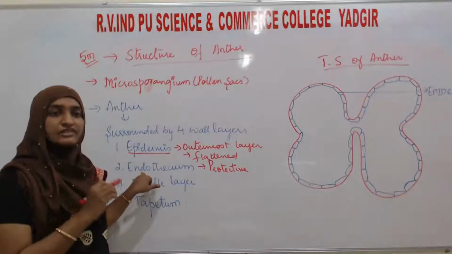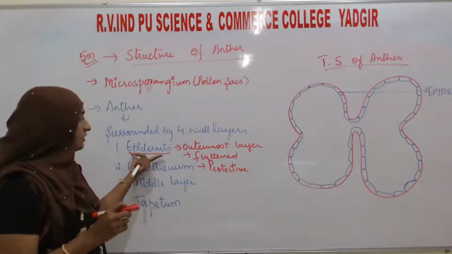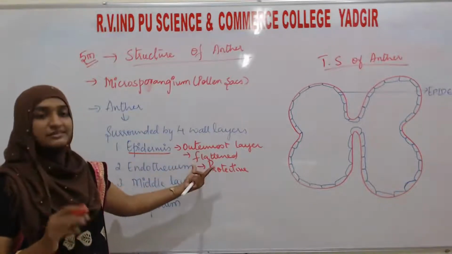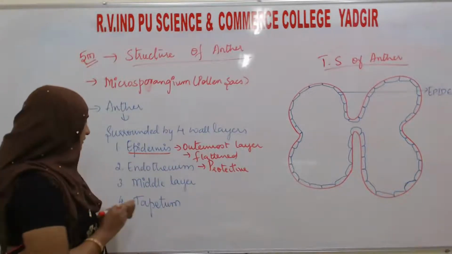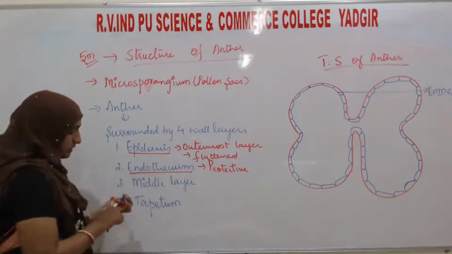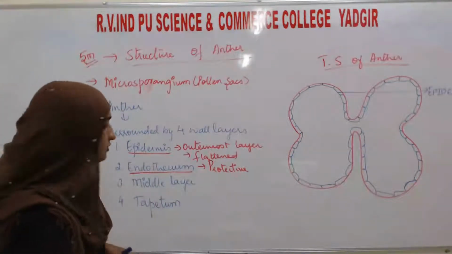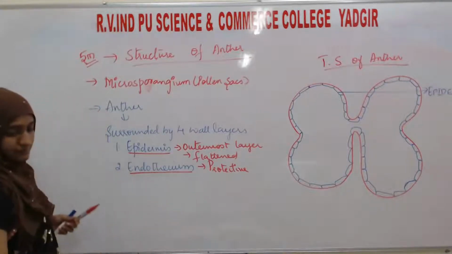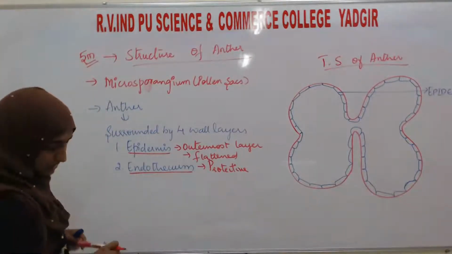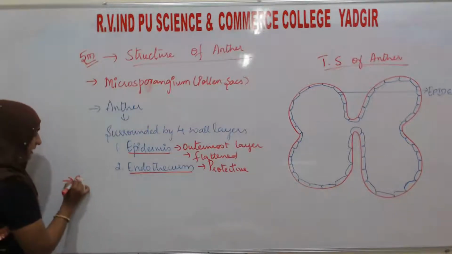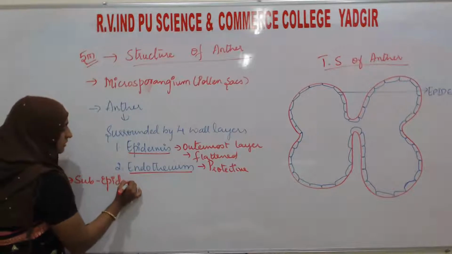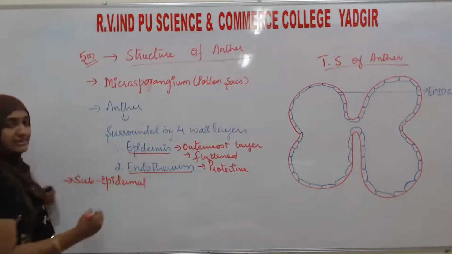See, if they ask to explain the structure, one point you have to explain for one layer. In that, if you write this much, that is enough. See, I will write here about the endothelium. The endothelium layer is a sub-epidermal layer. That means it is lying just below the epidermis layer.